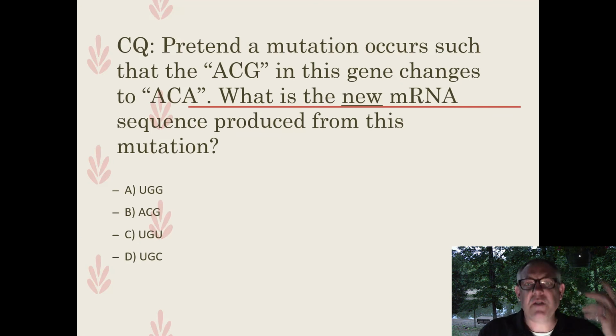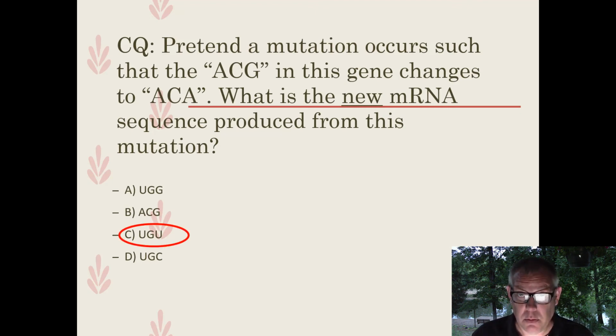Okay, so let's pretend, same gene, but it has a mutation, right? The sequence changes, so that ACG gets changed to an ACA. There is a mutation. What's the new RNA? Change DNA, change the RNA, right? The new RNA must be UGU, right?